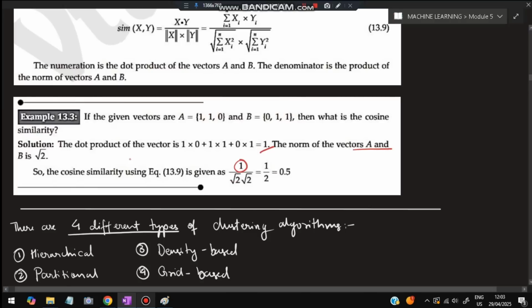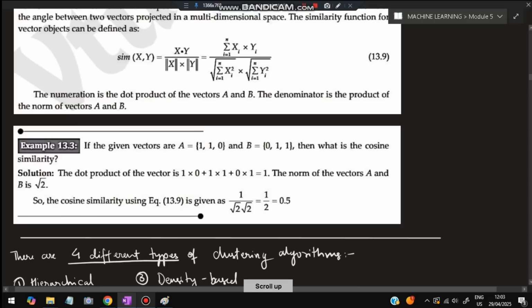The norm is the square root of the sum of xi squares and yi squares. So 1 square plus 1 square plus 0 square, and here 0 square plus 1 square plus 1 square. In both cases we get root 2 and root 2. Multiply them, and the answer is 0.5. So the similarity between A and B is 0.5.